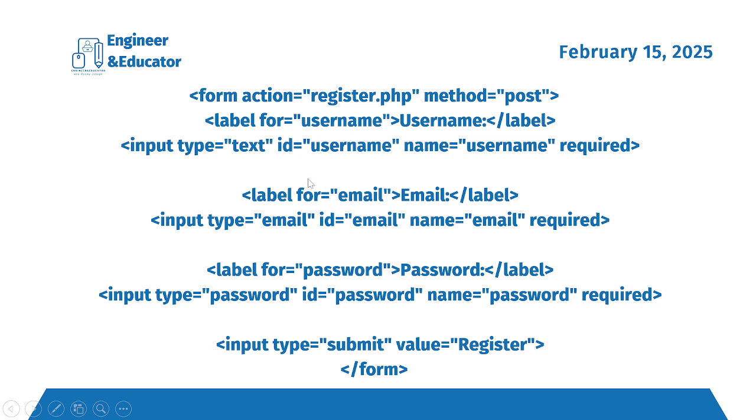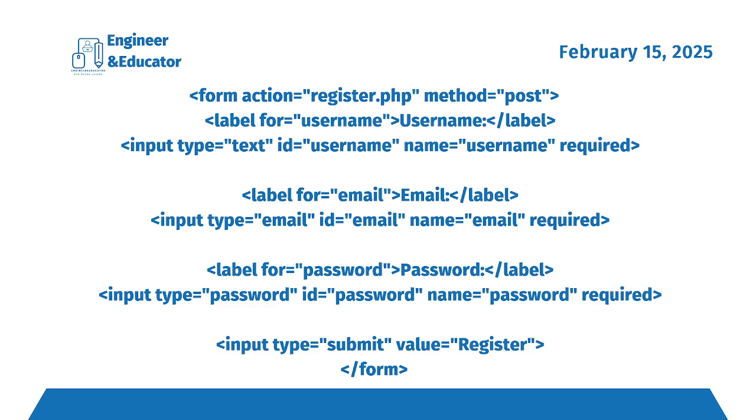When I'm taking input data from the user, I am sending it to the DB. When the user clicks on the submit button, it must be sent to the register.php file, or to a database if we have one. Since we are adding data, the HTTP method uses post.